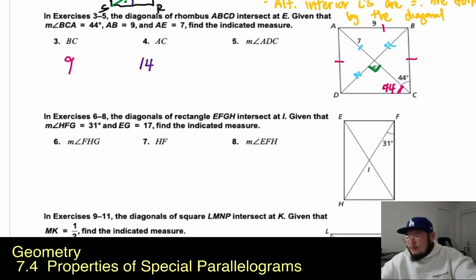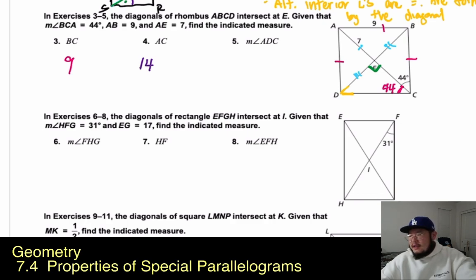So now what I can find is this angle right here, angle EDC. And how do I do that? Well, I should know that in a triangle, because we have a triangle right here, the sum of the interior angles is 180. So that missing angle right there happens to be 46 degrees.